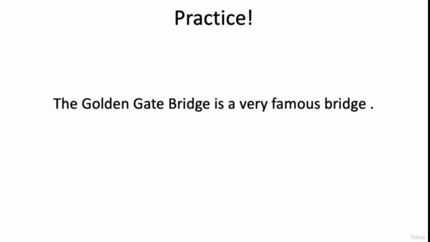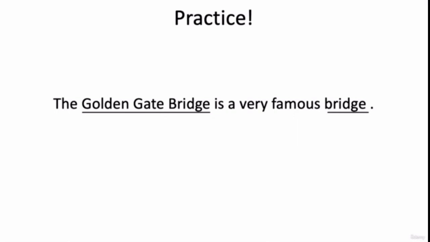The Golden Gate Bridge is a very famous bridge. In this sentence, we have two nouns. One proper noun, the Golden Gate Bridge, and we have one common and countable noun, bridge. Excellent job with these sentences.